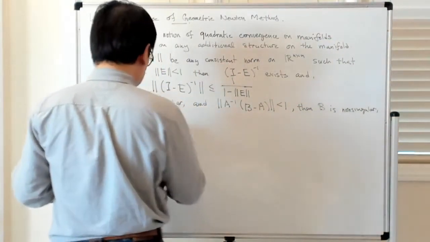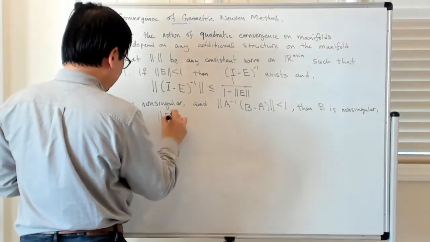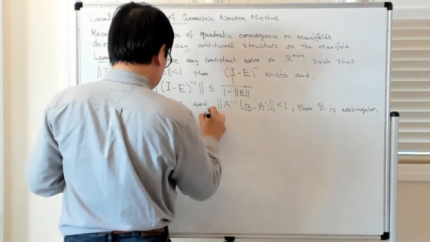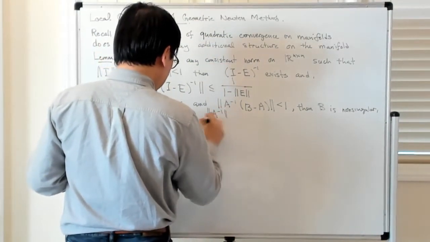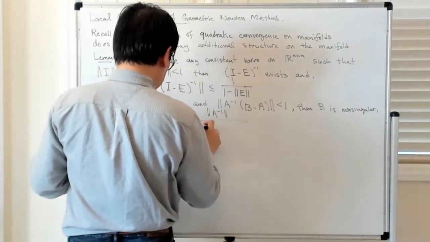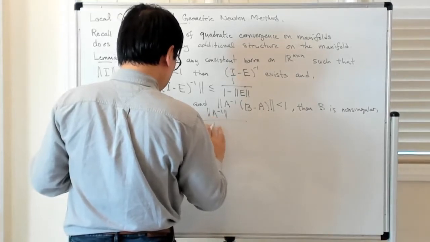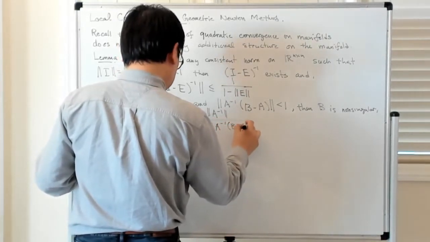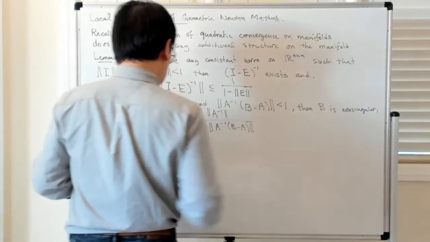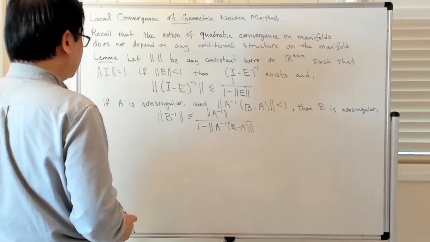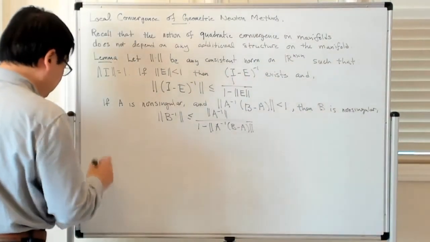And you can again get an estimate on the inverse of B in terms of the norm of the inverse of A and this thing here. All right, with that in mind, let me now state the theorem.